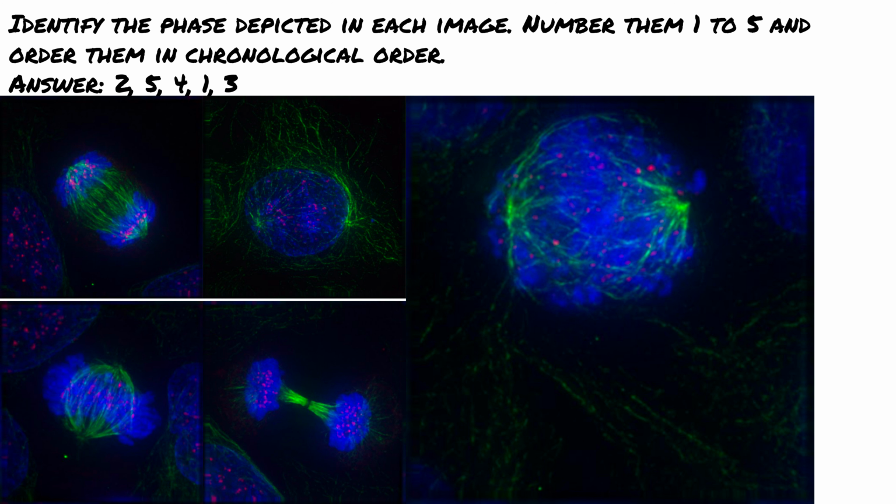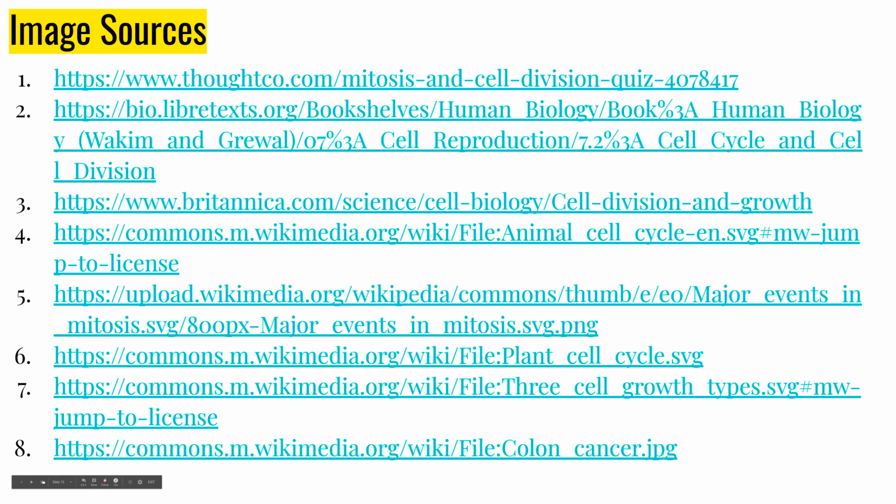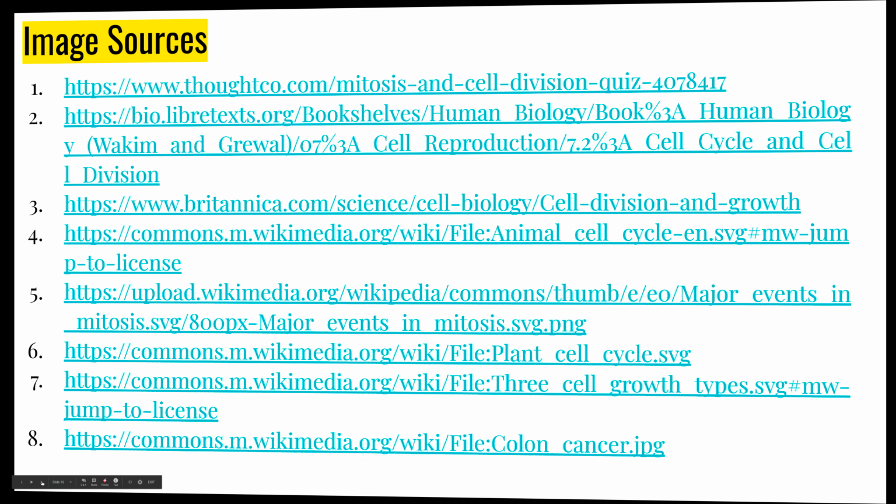So the answer is 2, 5, 4, 1, 3. Let me discuss. First 2, this is prophase. And then 5 is prometaphase. Then we have number 4, which is actually, I'm going to check, because I might have made an error here.